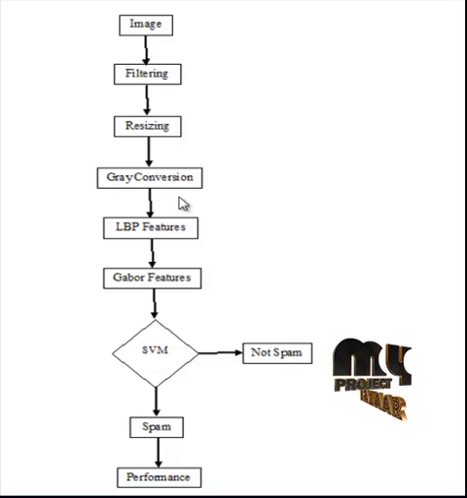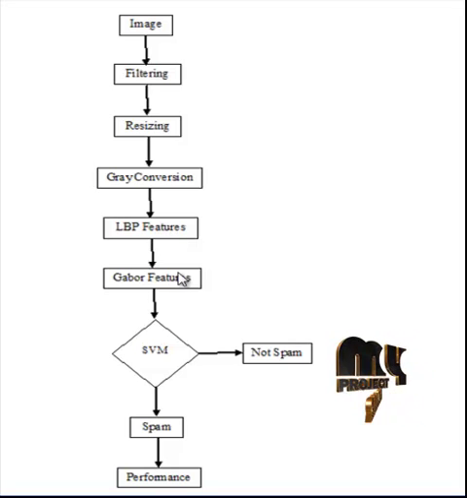The gray converted images were used for feature extraction. The features were extracted based on LBP and Gabor features. The LBP features extract the texture-based information from the images based on the texture patterns identified in the images, which were exactly recognized by the shape analysis.